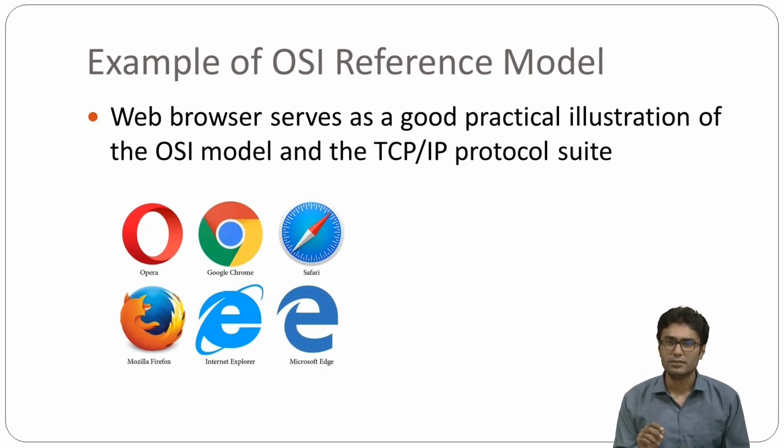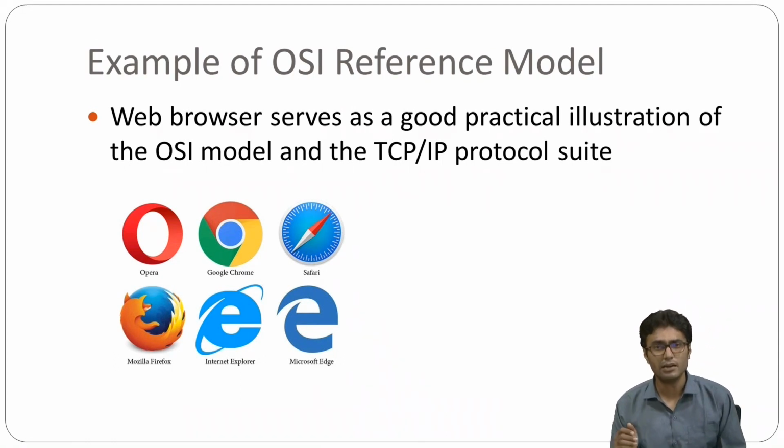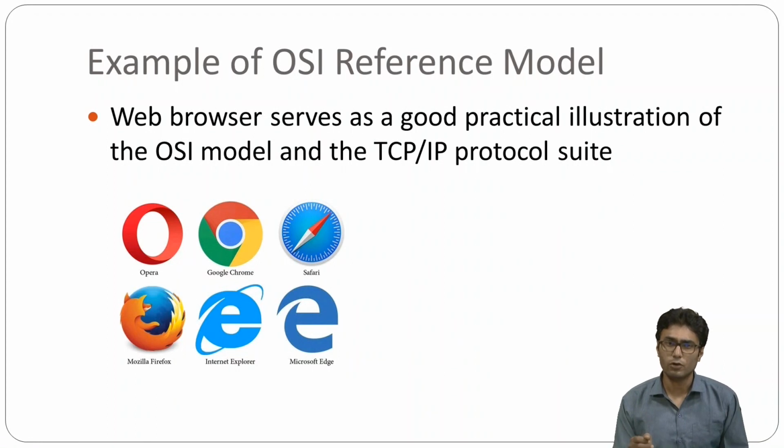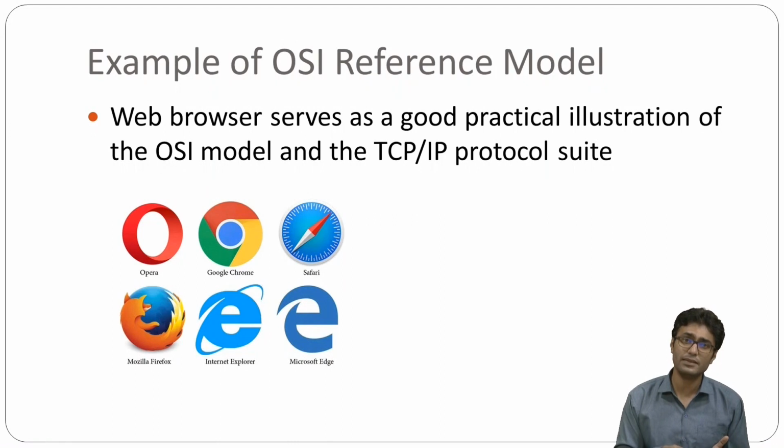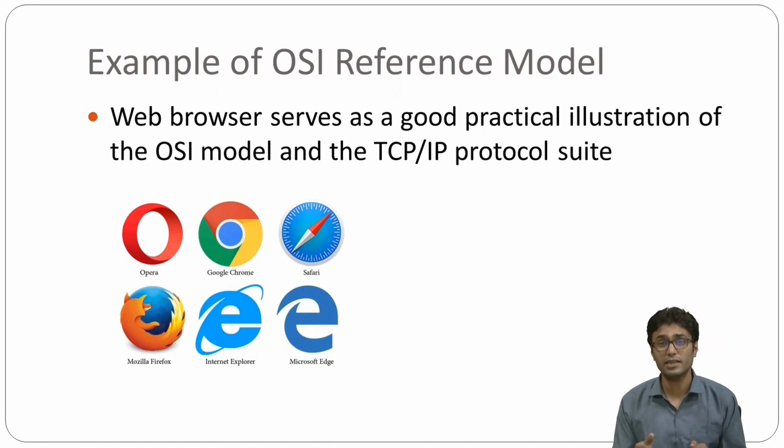So the data is finally transferred onto the network medium at the physical layer, in the form of raw bits. Signaling and encoding mechanisms are defined at this layer, as is the hardware that forms the physical connection between the client and the web server.